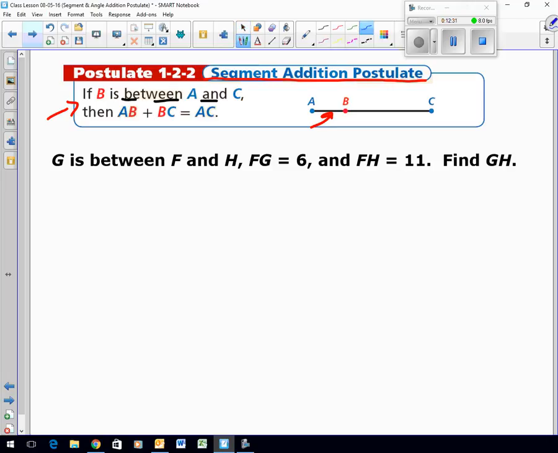I need a town nearby that starts with a B. Bremen. Perfect. And to make this one a good one, I need a town in Alabama that starts with a C and is on I-20. Coleman?